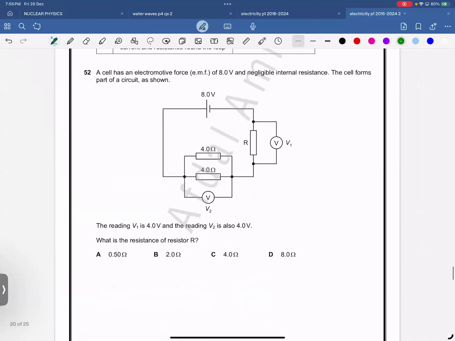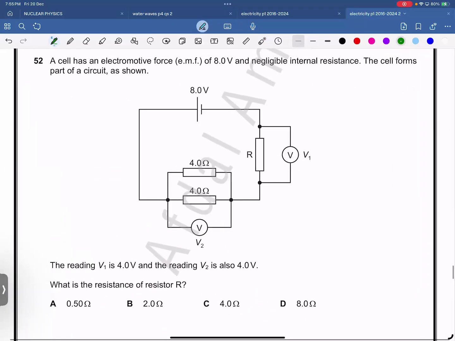Question number 52. A cell has an EMF of 8 volt, negligible internal resistance. The reading of V1 is 4 volt. So this is also 4 volt because total is 8. What is the resistance R? No problem. So 4 divided by 2.